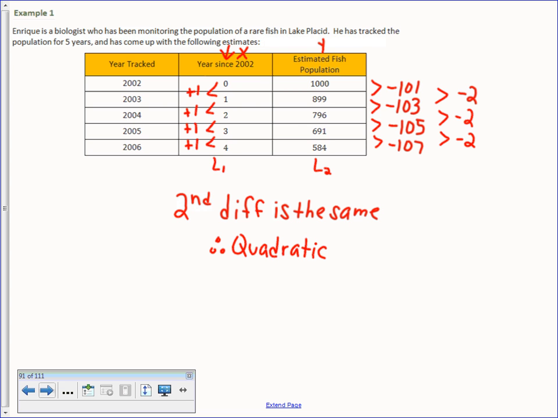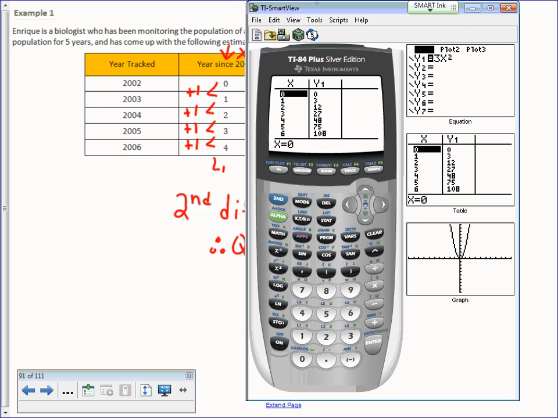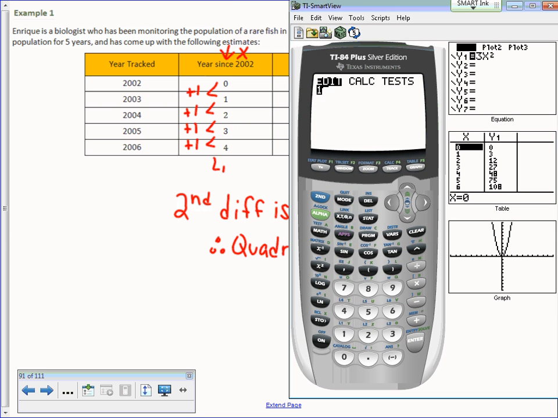Okay, so now we're going to enter this back into our calculators. So you're going to clear out your lists. So go under Stat, Edit. Now, be very mindful. Here, believe it or not, I'm starting out with a 0 in my list. You have to make sure you have that in your calculator.